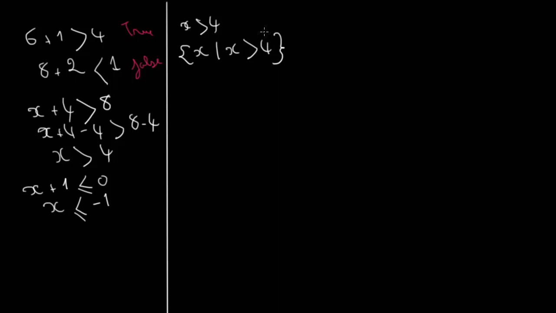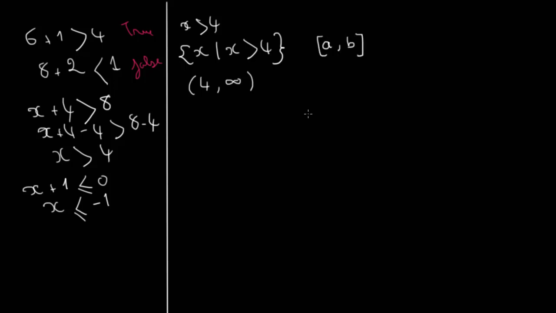Another form is the interval notation. So we can write it in this form. And the parentheses just means that the interval is open. It's not closed. An example of a closed interval is something like this: a, b between brackets.